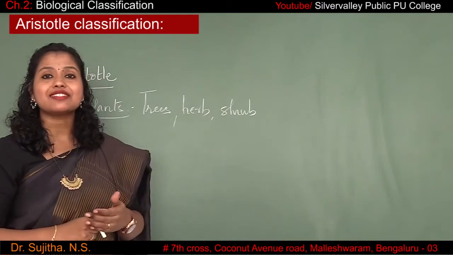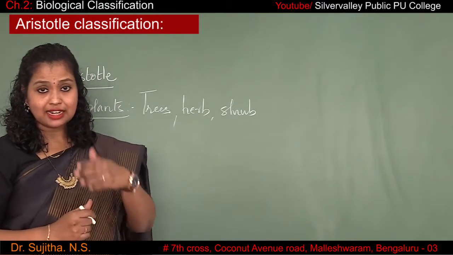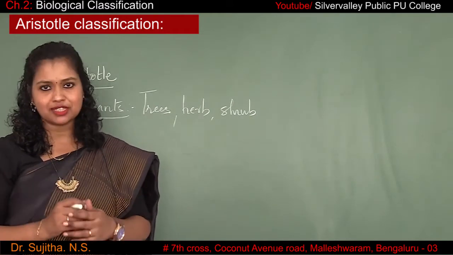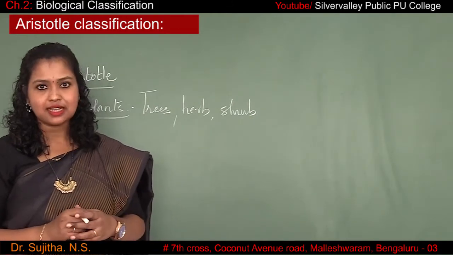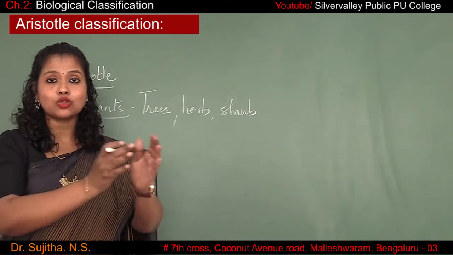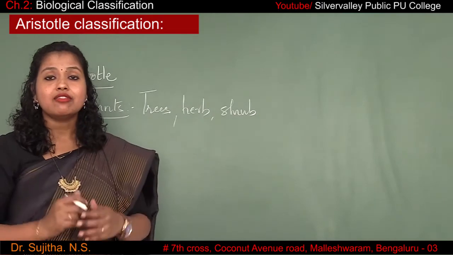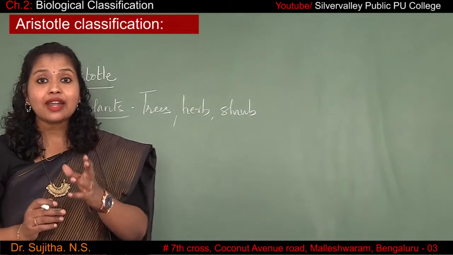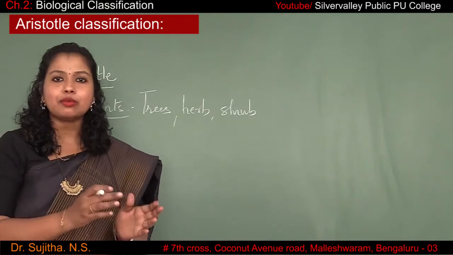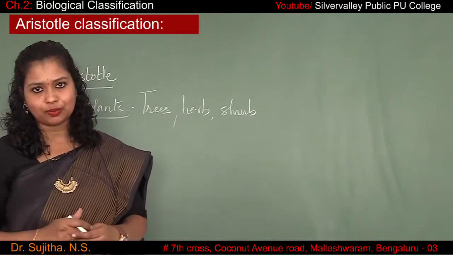And he also classified the animals. He classified the animals based on the presence of RBC, that is red blood cells. The animals which have the red blood cells were grouped into one category, whereas the animals which did not have this hemoglobin pigment, the red color pigment, were classified into another group.